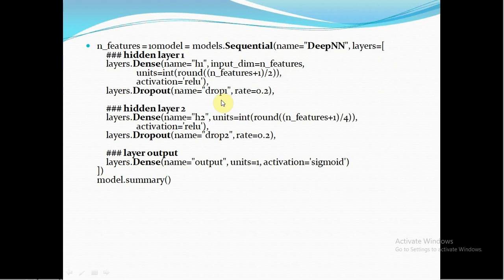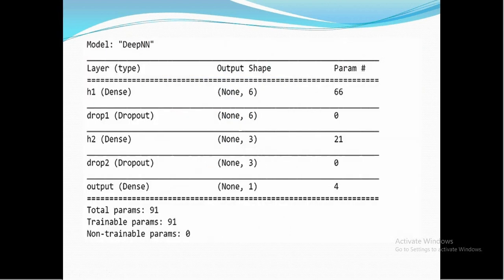Here n features equal to 10. Model name: deep NN, that is deep neural network. Hidden layer 1, dense layer, dropout. Here total parameters are 91, trainable parameters are 91 and non-trainable parameters are 0.